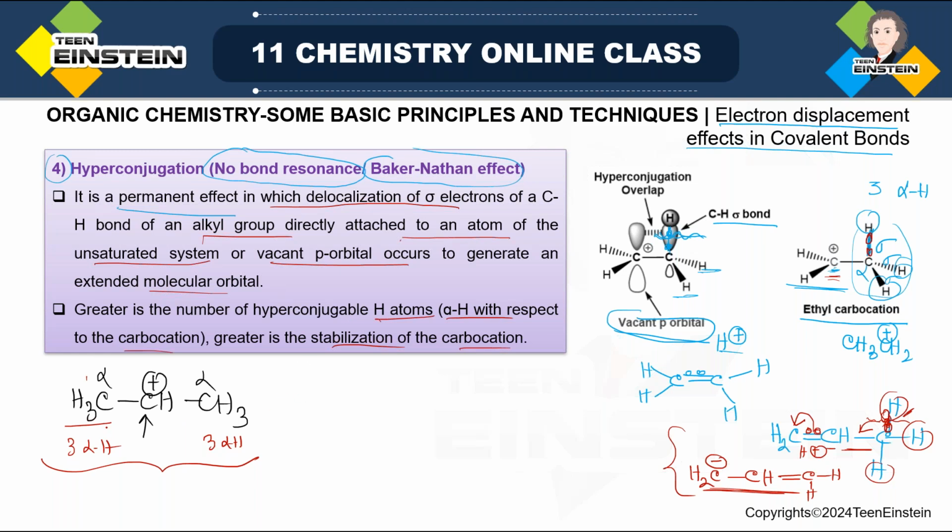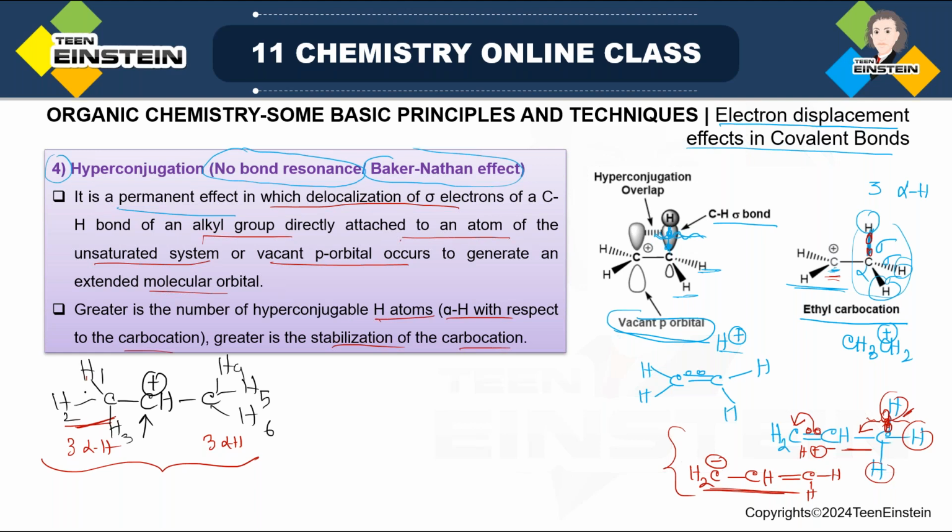Fine. Though they will be equivalent, but if you are numbering these 3 hydrogens separately, suppose I am numbering these hydrogens, so I'm writing all the bonds in an extended way. Suppose this is 1, 2, 3, 4, 5, 6.